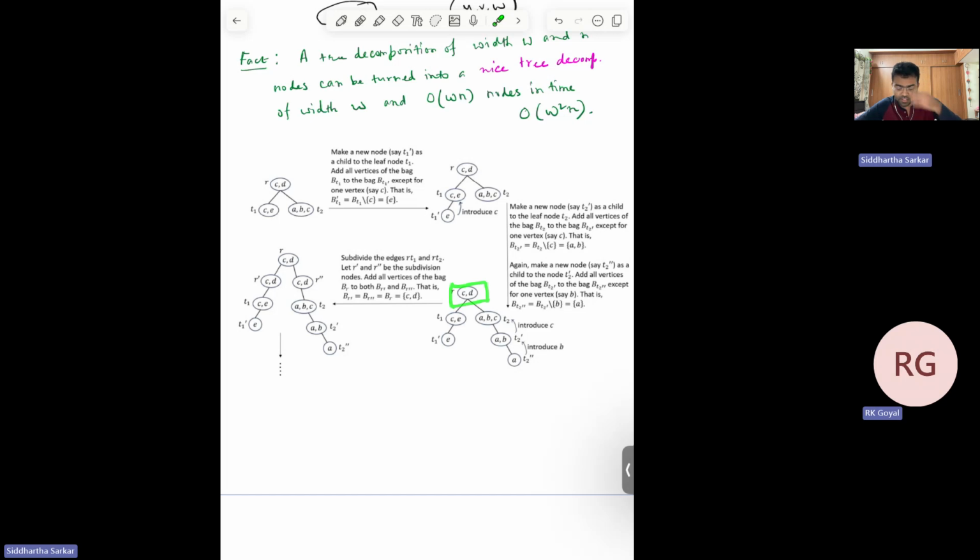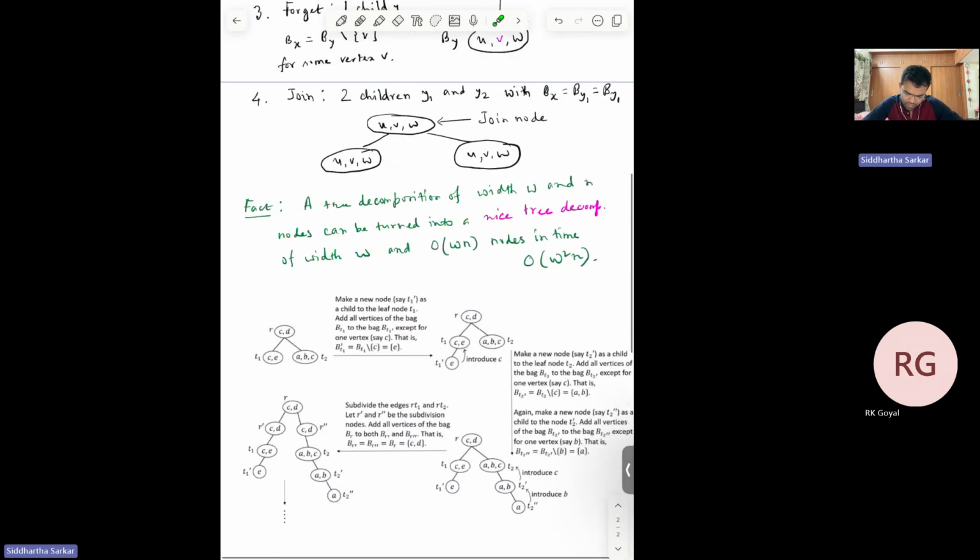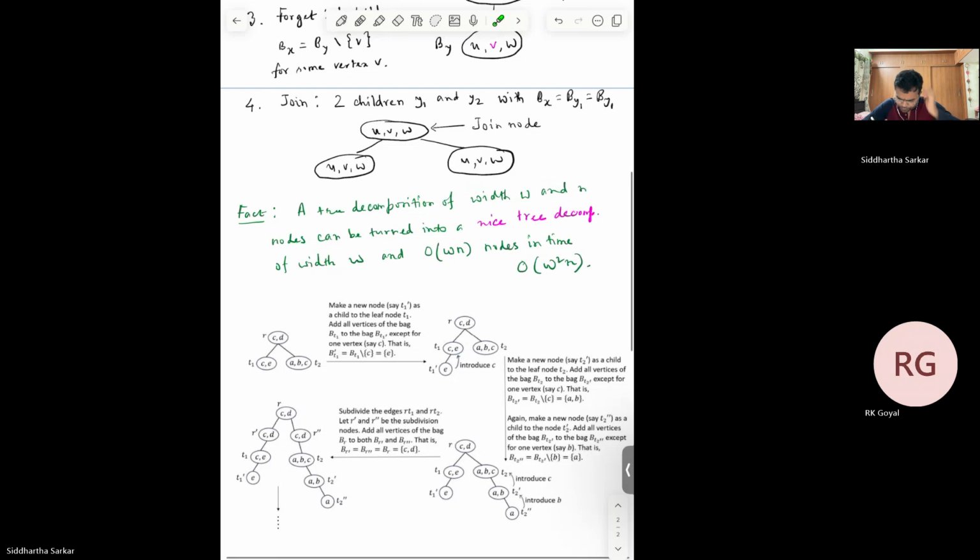It is neither introduce nor forget. CD has two children, but since it has two children, both the children should have the same bag. That is, it should be a join kind of node. We have seen that if there are two children, then the two children's bags and the parent's bag should be identical. That is not the case here. So now we have to take care of it.